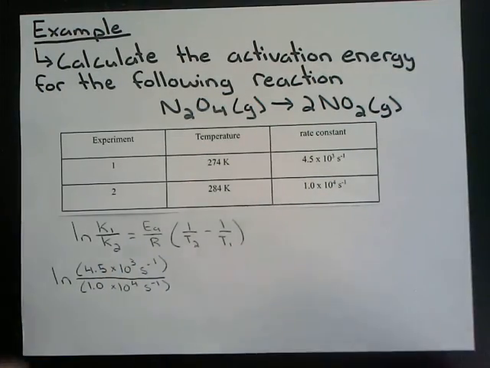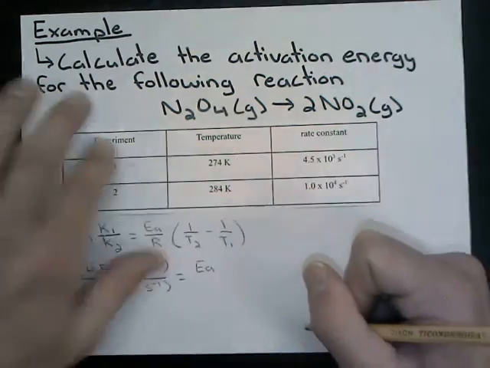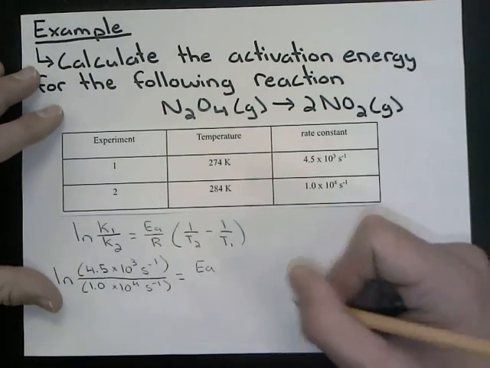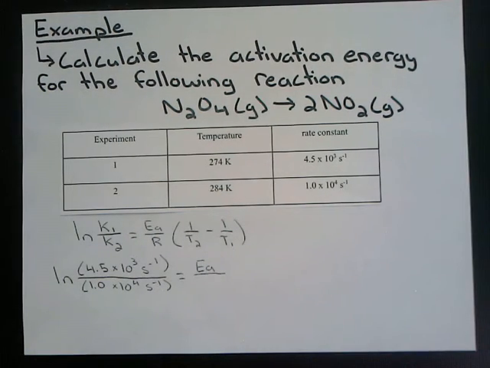And we're going to set that equal to our EA. We don't know what the EA is, because the problem is saying, go find the activation energy. All over our R. And our R, remember, is 8.314 joules per Kelvin mole.